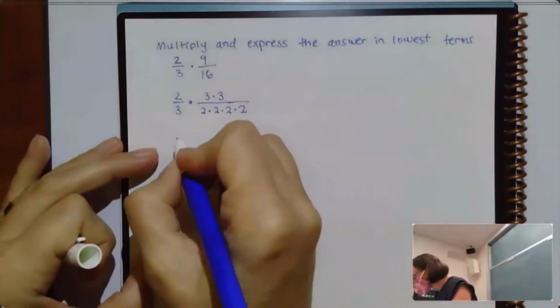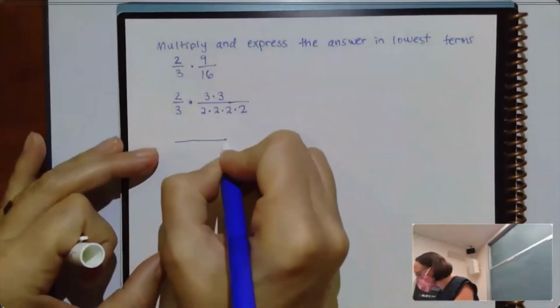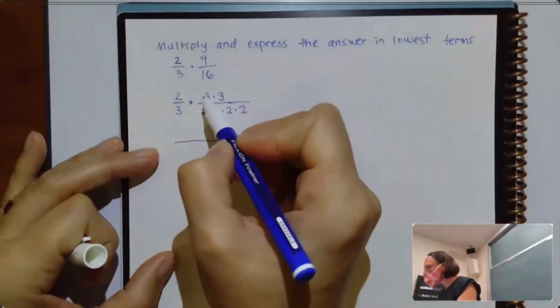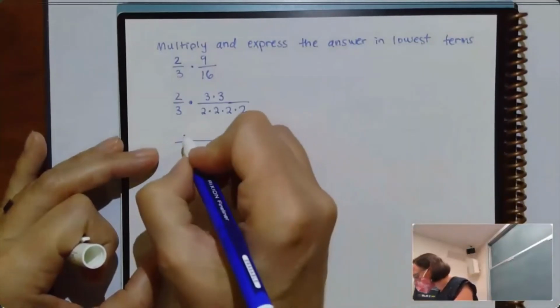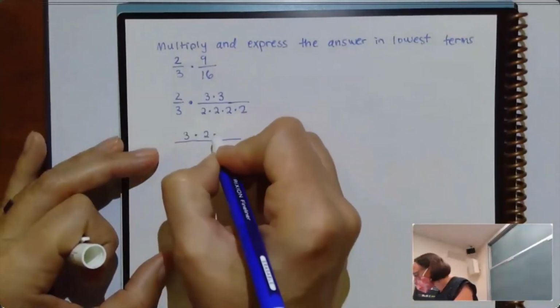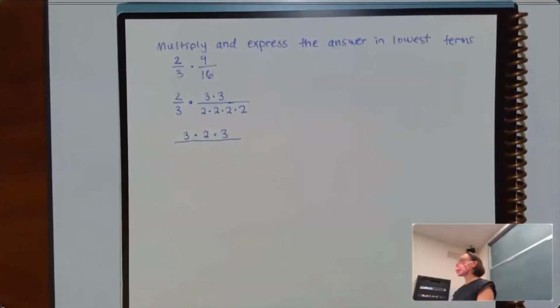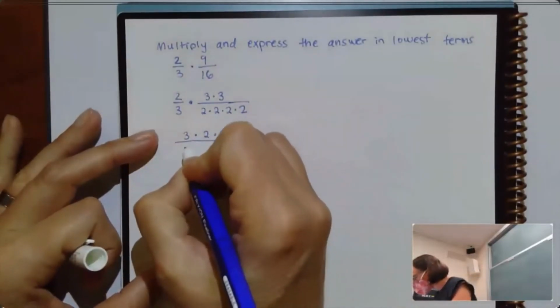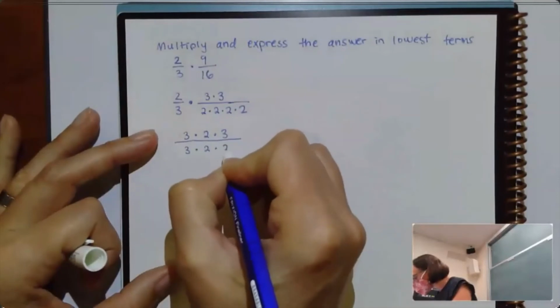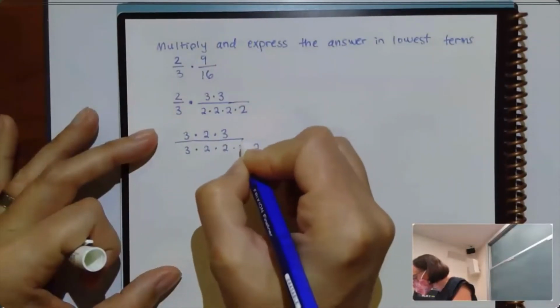I'm going to take this 3 and hop it in front of the 2 so that on top it looks like 3 times 2 times 3. I haven't changed the numbers and I haven't changed that I'm multiplying. I just rearranged them. In the denominator, I've got 3 times 2 times 2 times 2 times 2.